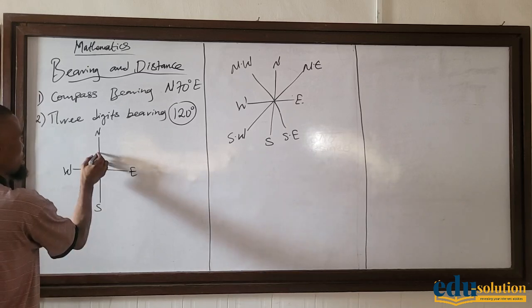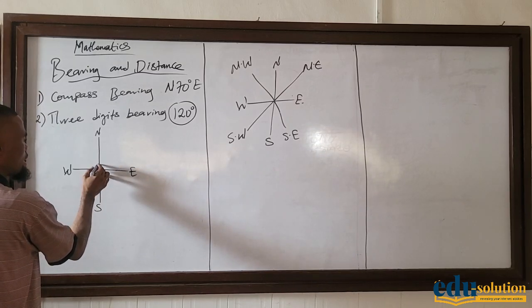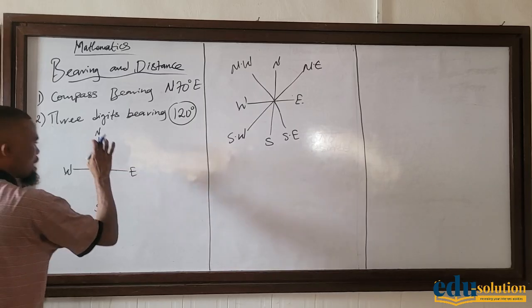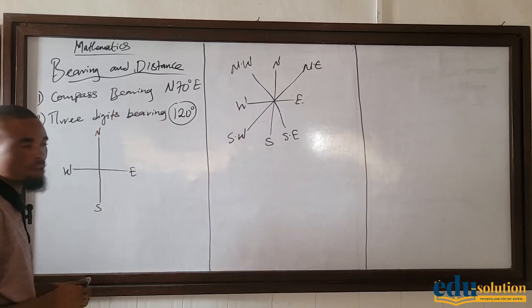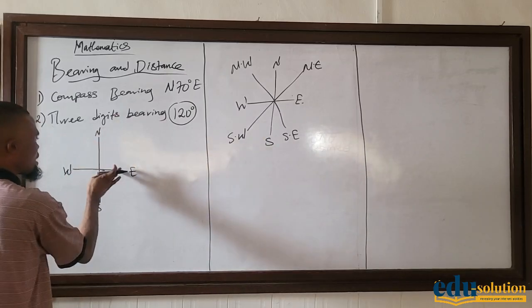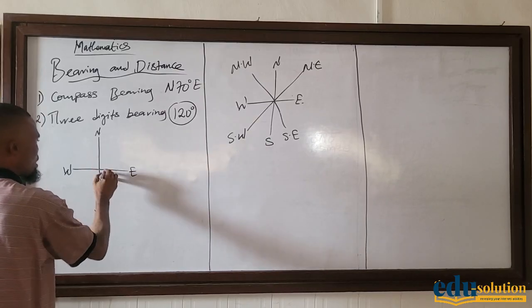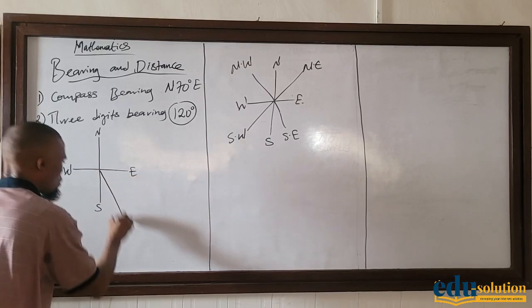You know that from north to east is 90 degrees, and from here, this is our north, so this south is another 90. That means 90, 90, 90, 90 gives us 360, which is angle at a point. Since here to here is 90, and what we have is 120, I will just estimate, here is 90, maybe here can be 100, maybe it can be 120, so I will draw it coming down.